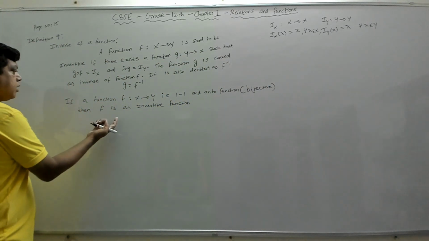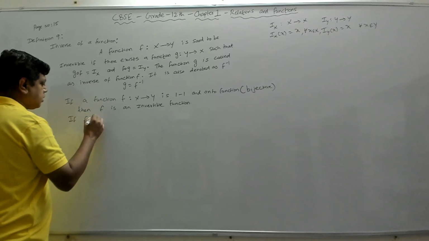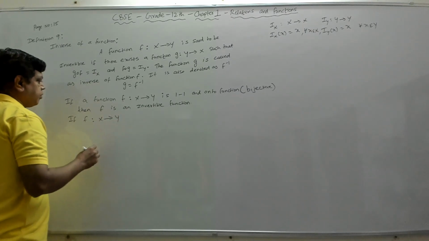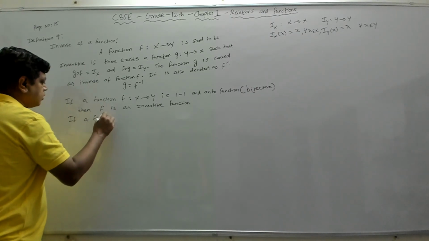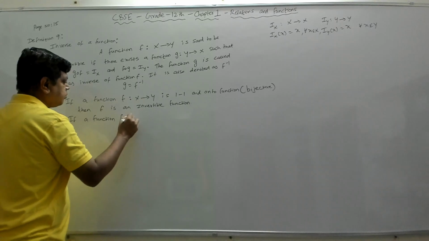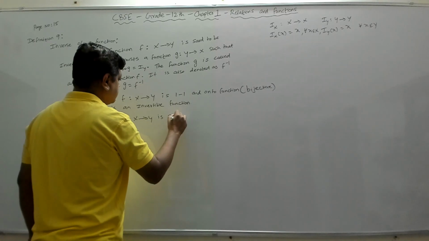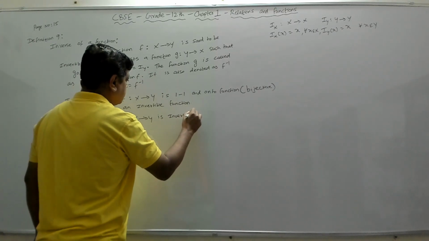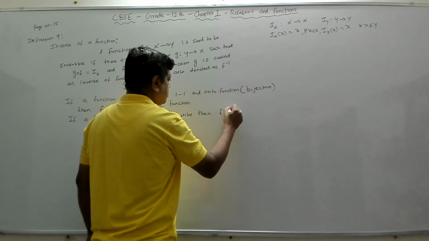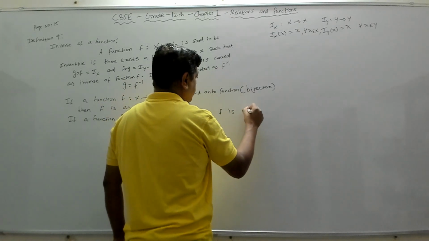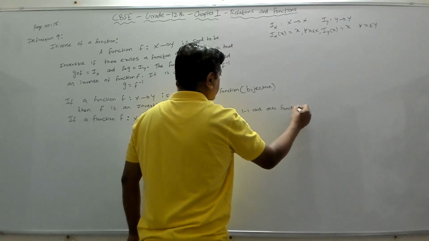Similarly, the converse is also true, which means if a function f from X to Y is invertible, then f is 1 to 1 and onto function.